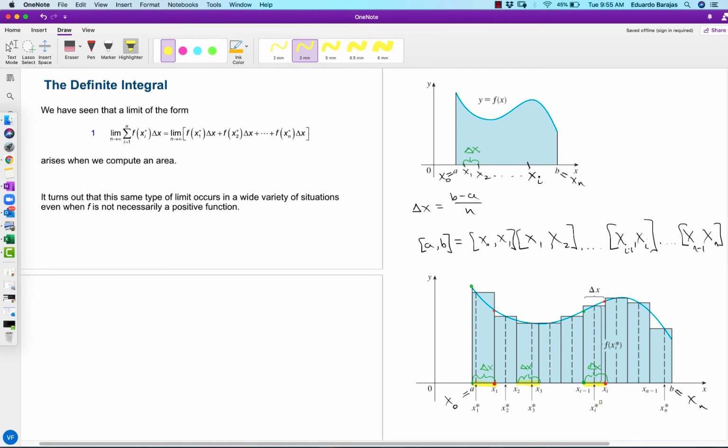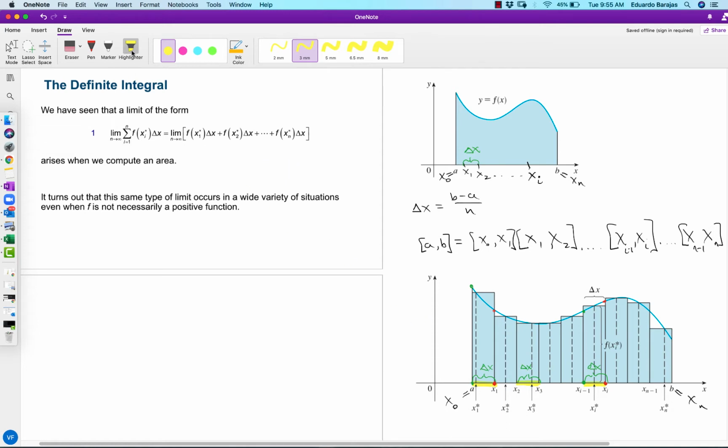The x sub i star looks like it's kind of right in the middle, but that's just by accident. It could be anything. Okay, so we'd say that the list of star values, x sub 1 star, x sub 2 star, x sub 3 star, dot, dot, dot, all the way out to x sub n star, are a collection of sample points.